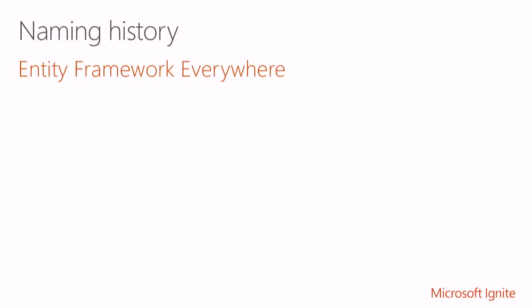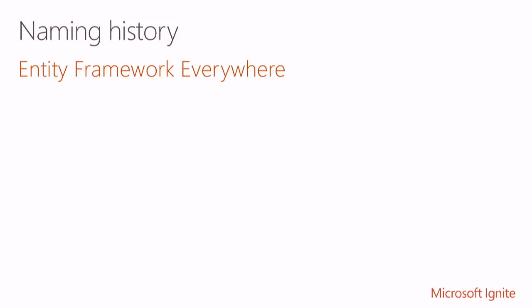So a bit of the naming history. Now, if you remember Build 2015, and in fact 2015 almost the whole time, people were talking about Entity Framework everywhere. EF everywhere was kind of the buzzword. Everybody was talking about it. And that is the actual time when we started thinking about creating a framework which would be multi-platform and can be used by multiple tools.